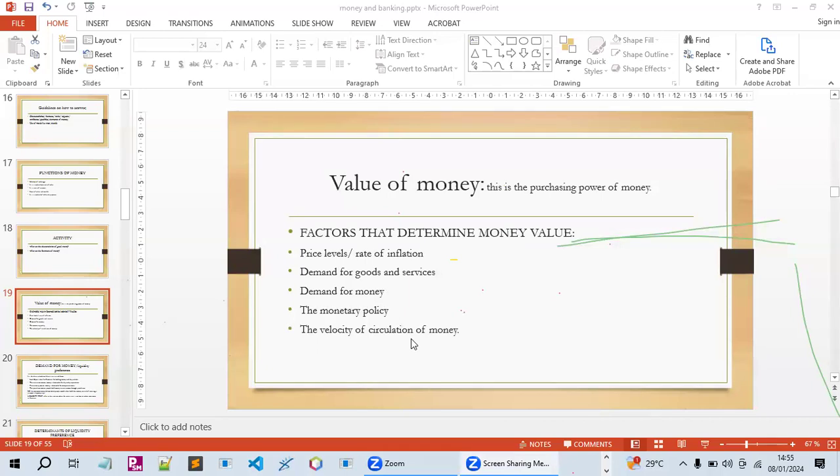When the velocity or circulation of money is high, there will be an increase in the supply of money in a country, which will lead to excess demand of goods and services, and this will automatically lead to an increase in the price levels of goods and services, and this reduces the money value.